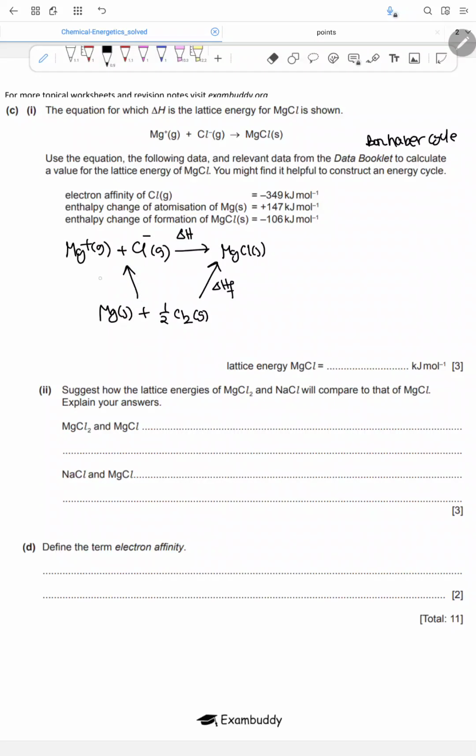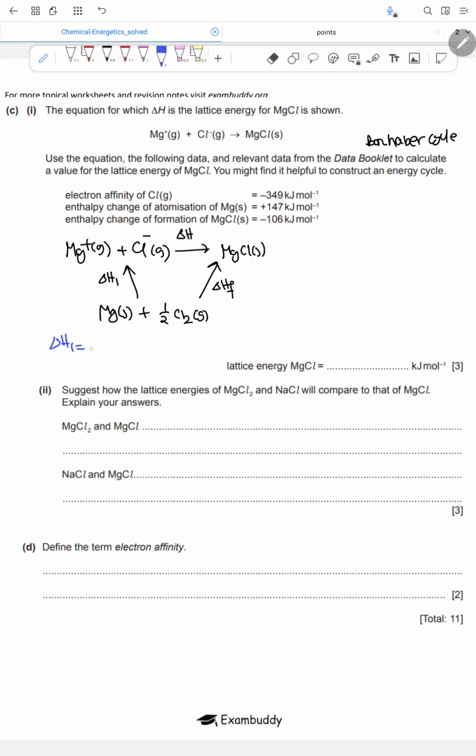And over here it will be another delta H1. Now this delta H1 contains a few steps. I'll just write over here. Delta H1 contains: we have to turn the magnesium solid to magnesium gas, then to the magnesium ion, because we need the gaseous ion of magnesium.